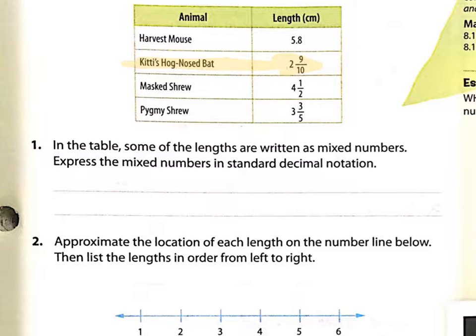In decimal form, what is 2 9/10? 2.9. Then 4.5, and 3 3/5 is 3.6, because it's over 10.